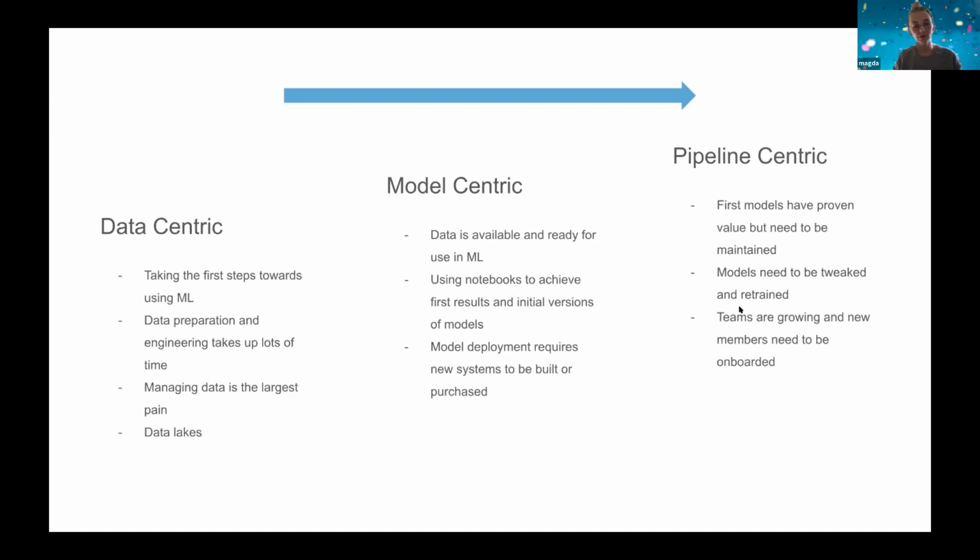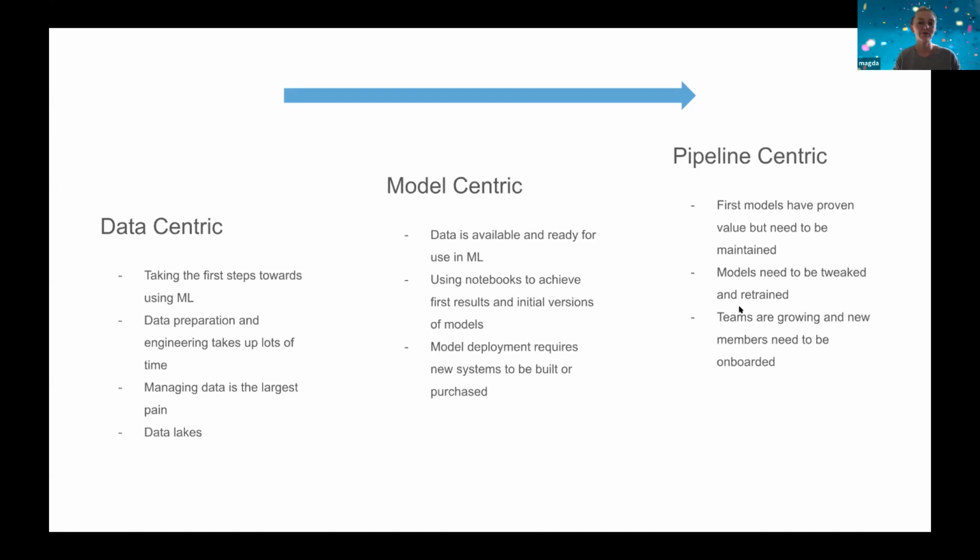When teams are moving away from that step, when they've got some order into their data, then they move into the model-centric step. So you have the data available, prepared and ready to use for ML, and it is stored in some sensible way. Then you start using, for example, notebooks to create the first models and initial versions of models, and there's a lot of experimentation going on.